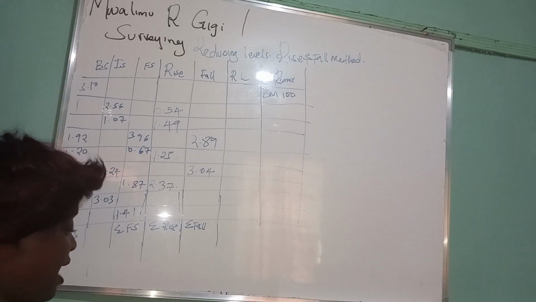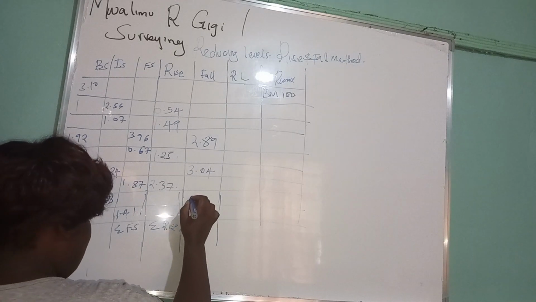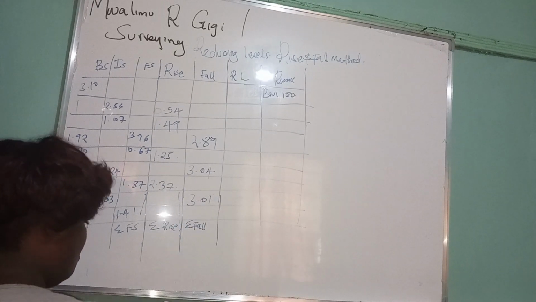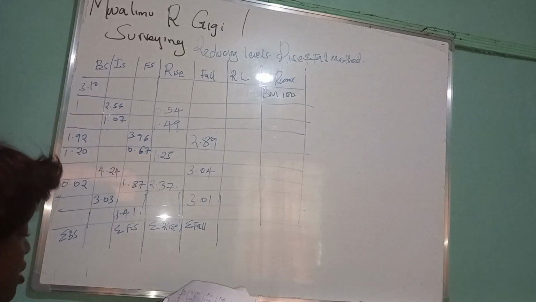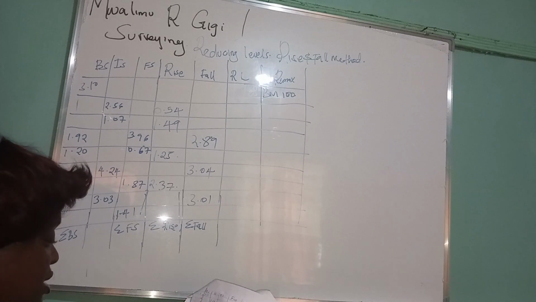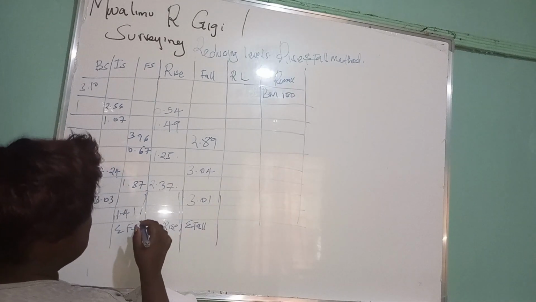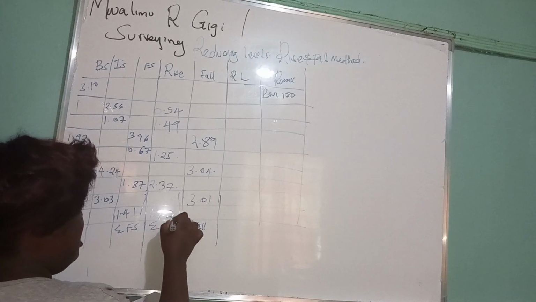It is minus 3.01. So it is a fall of 3.01. So 3.03 minus 1.41. It is a rise of 1.62.